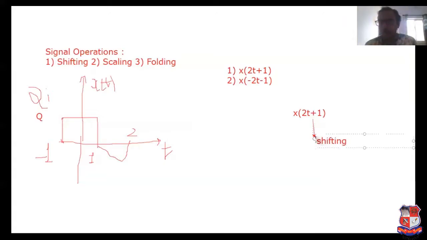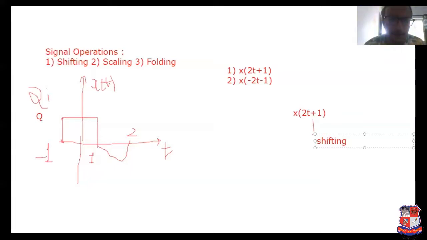Why? Because if you want to compress this particular video, see this. First of all, I have saved this location from here to here. Suppose I explain with an example: suppose this is a video broadcast recording. Now, if we want to move the position from here to here and then compress the data, which operation should we do first?